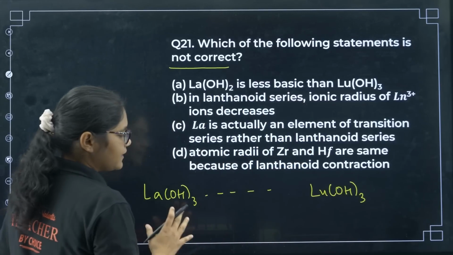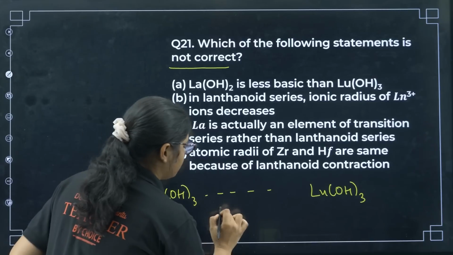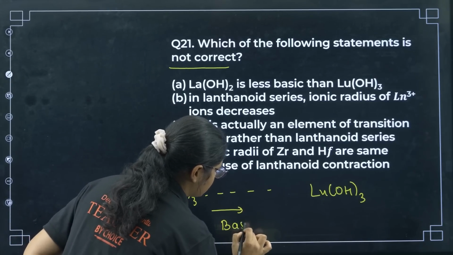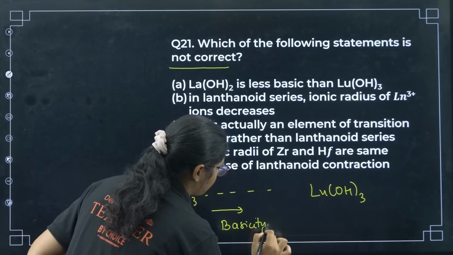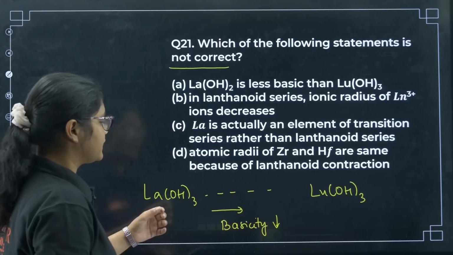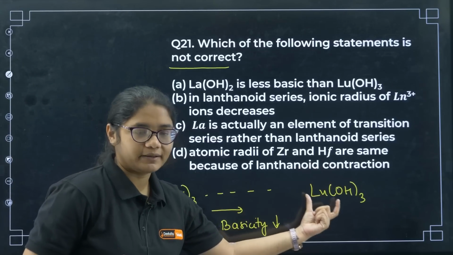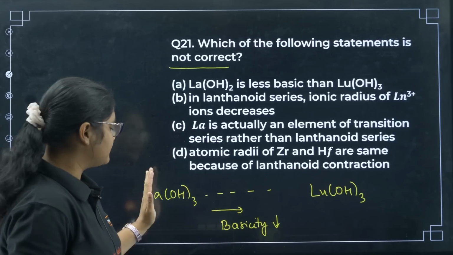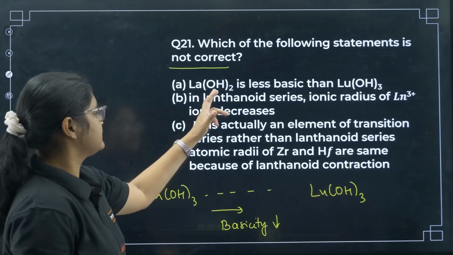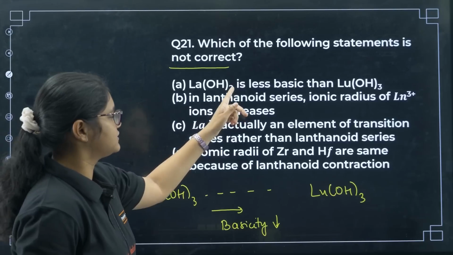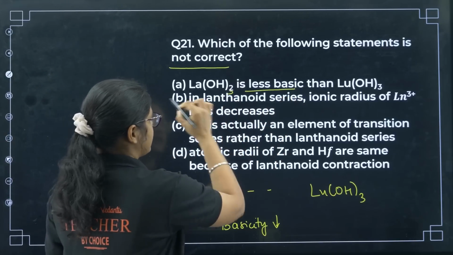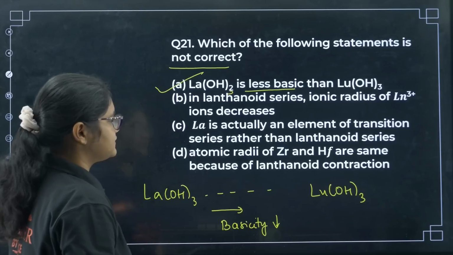So we have studied that according to lanthanide contraction, along the period the basicity will decrease. So what I can say, lanthanum hydroxide will be more basic than lutetium hydroxide, but here the statement given is lanthanum hydroxide is less basic. Okay, it is Ln(OH)3, less basic, so that is why it is incorrect. Option number A is the correct answer.